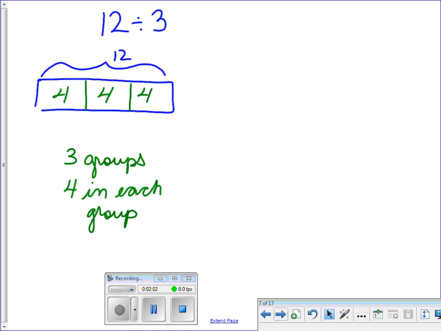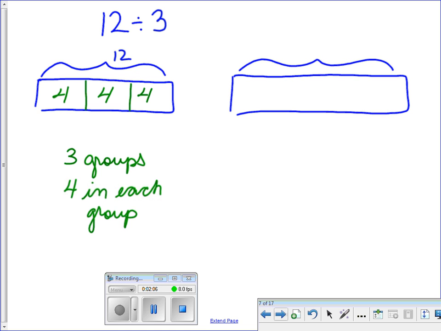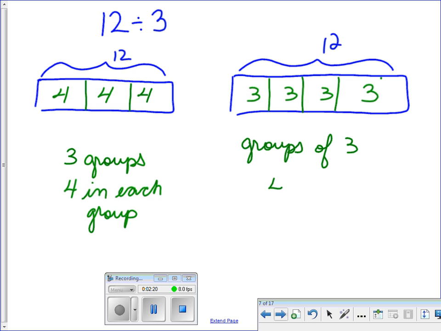The other way we looked at it, we had our quantity of 12, and this time we made groups of 3. So groups of 3 for a total of 4 groups, right?